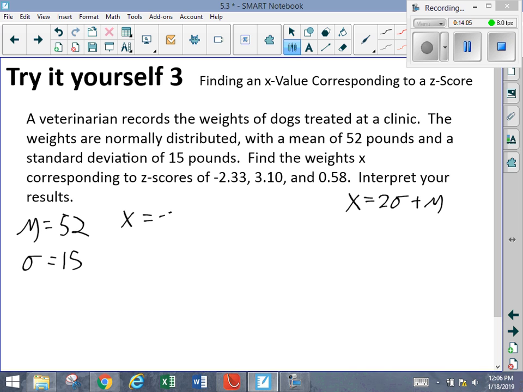We'll do negative 2.33 times 15 plus 52. Which is approximately 17.05.